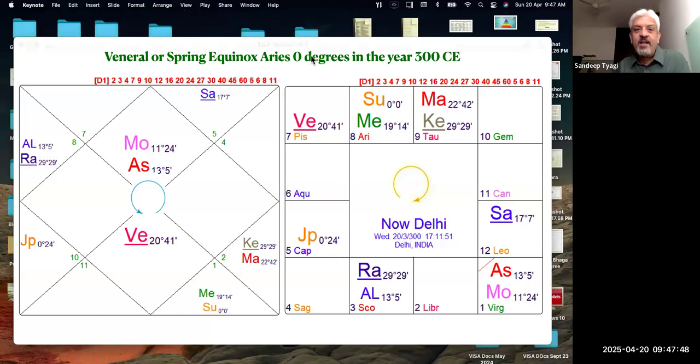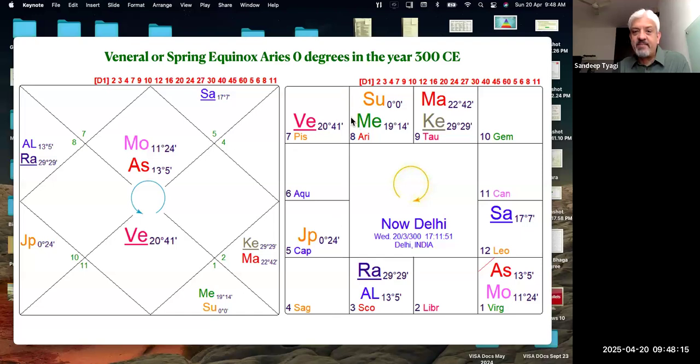But what is interesting to see is that in the year 300 CE, what was happening is that the sun was at the start, and we said Aries is where everything starts from, right? So if you look at the South Indian chart, you see Sun here, SU, 0, 0, that shows 0 degrees, 0 minutes. And it is moving in a clockwise direction.